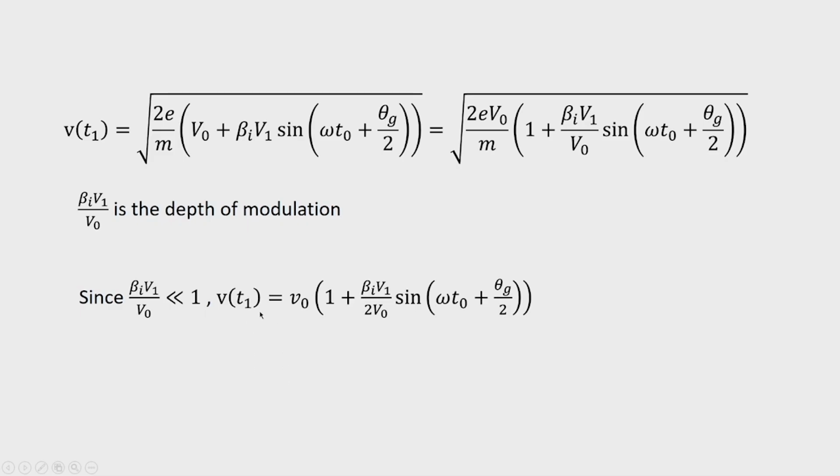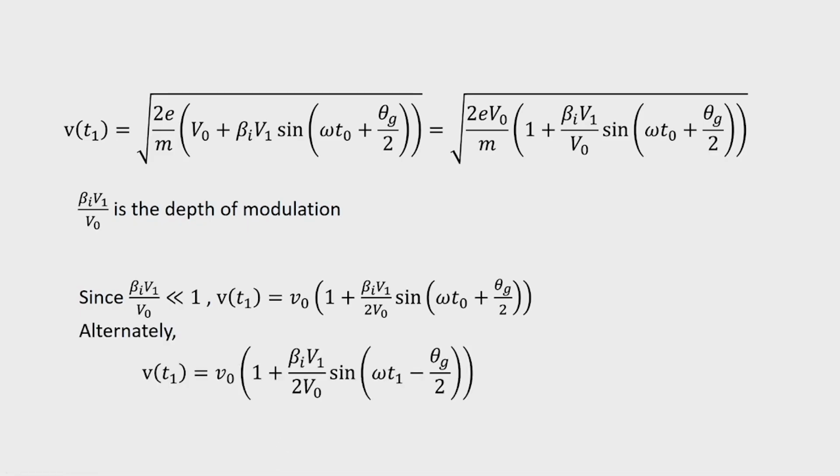So, now we find that the velocity v at t1 has a modulation, and if we write everything in terms of t1, then V t1 is equal to V naught into 1 plus beta I V1 divided by 2 V naught sin omega t1 minus theta g by 2.